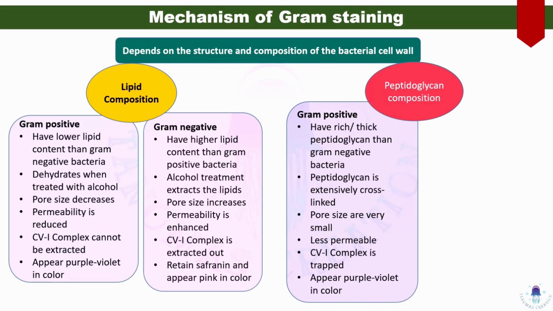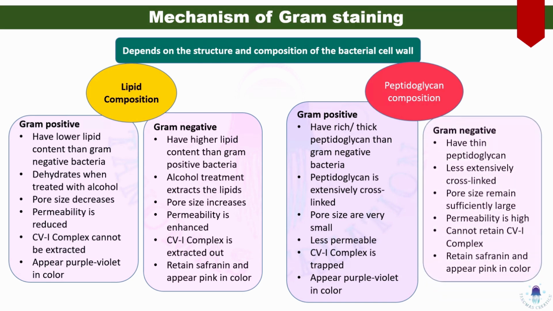The second theory is based on the peptidoglycan composition. Gram-positive bacteria have a very thick peptidoglycan, which is extensively cross-linked, and because of this, pore sizes are very small, resulting in less permeability again. Therefore, the CVI complex is trapped and they appear purple violet in color.